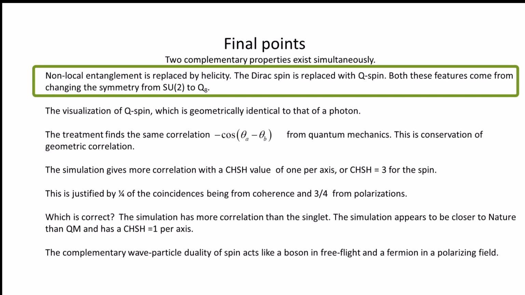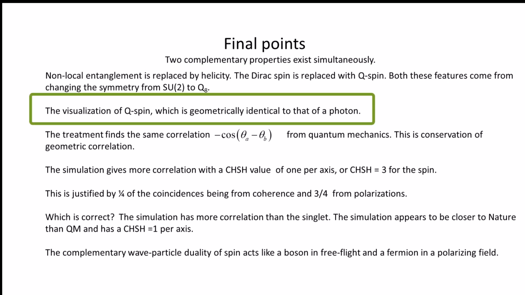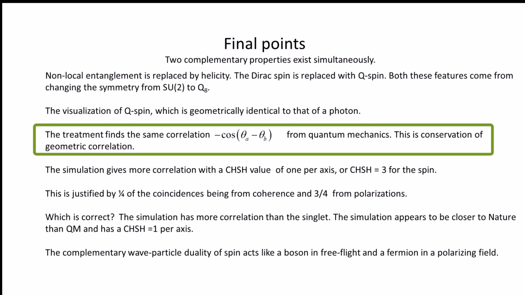Both these features come from changing the symmetry from SU2 to Q8, the quaternion group, which is afforded simply by introducing a bivector into the Dirac equation by multiplying one of the gamma matrices by the imaginary number I. Now, Q-spin is geometrically identical to that of a photon, and I find this compelling.